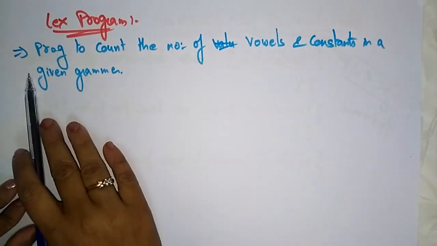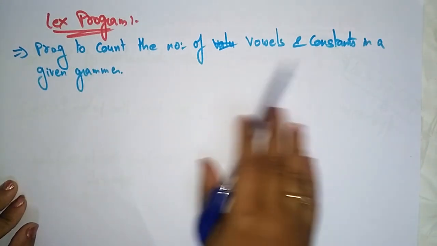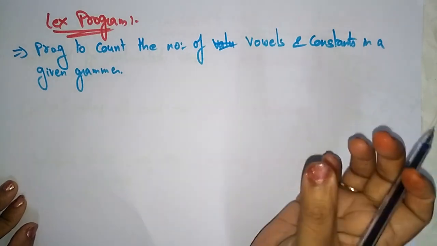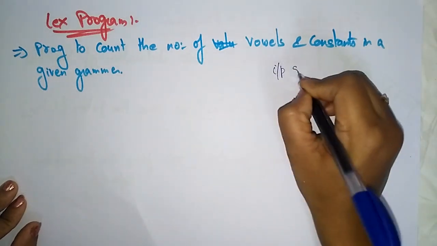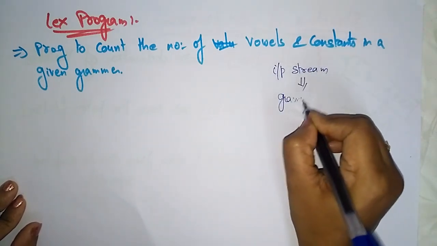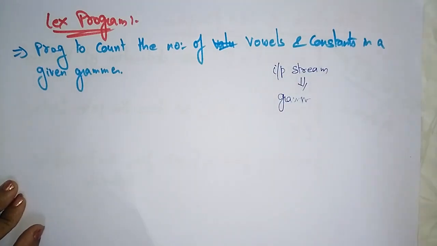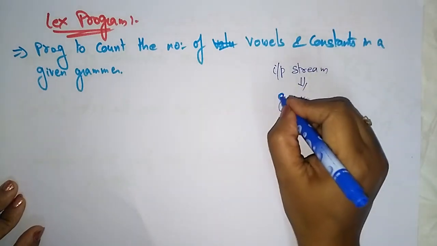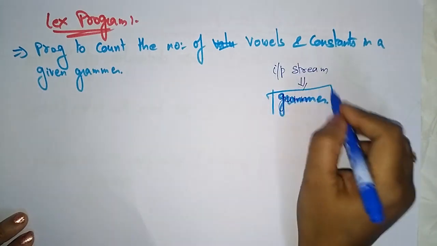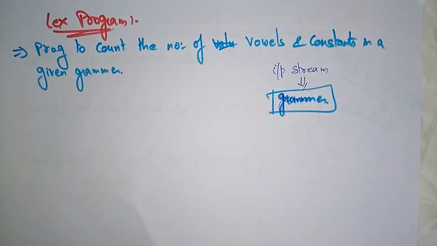Here I am going to explain a program to count the number of vowels and consonants in a given grammar. The input stream is given some grammar, and in that grammar we have to count the number of vowels and consonants.